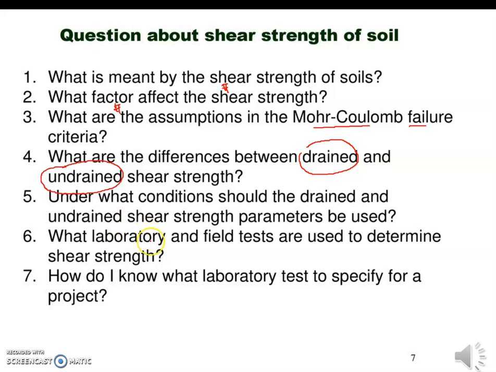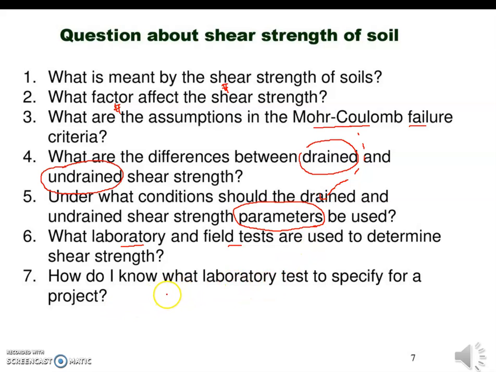And we also will see, I think, laboratory and field tests. Those laboratory and field tests are very important to define parameters, because Mohr-Coulomb has its own strength parameters.